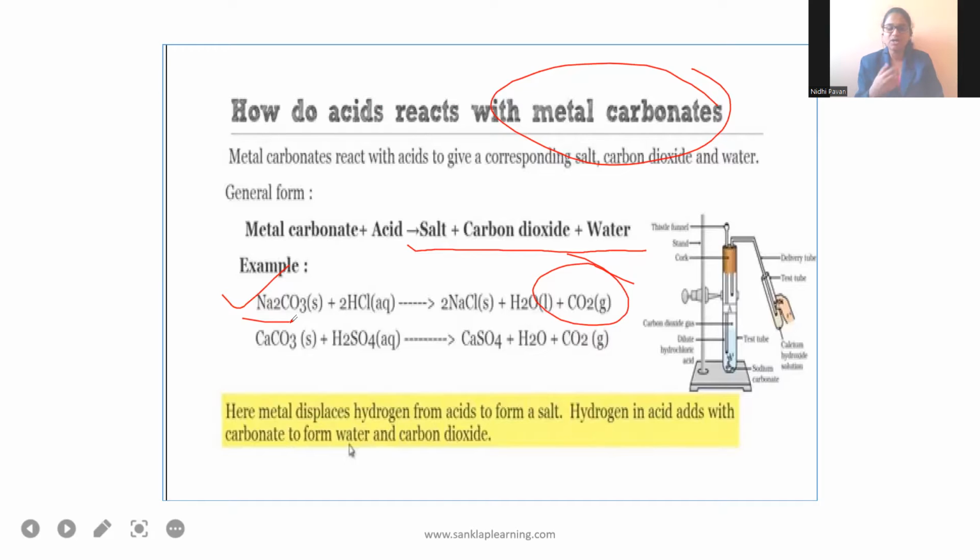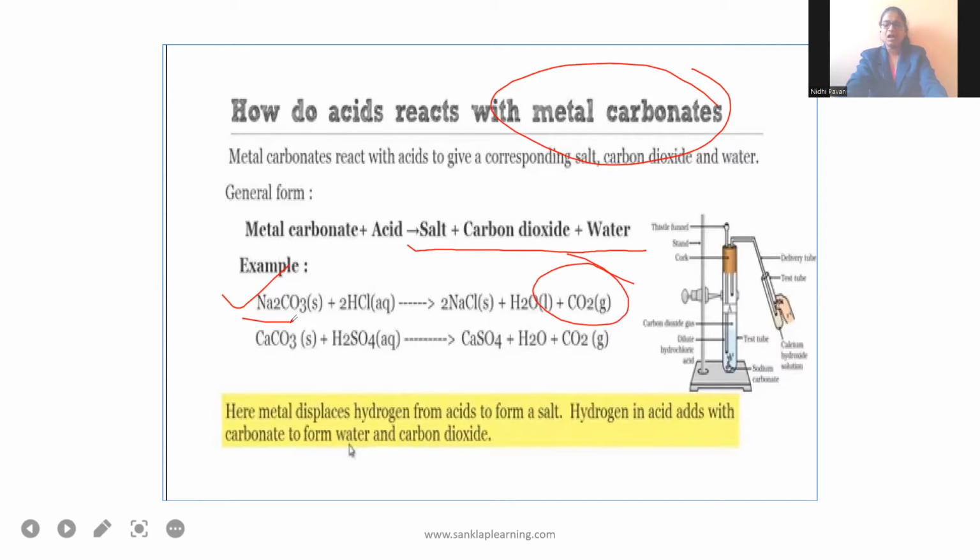Effervescence is like when you open a carbonated drink like Pepsi, Coca-Cola, Mountain Dew, etc. You get that foam, which is nothing but carbon dioxide gas. Like that, you will get it when sodium carbonate reacts with hydrochloric acid.